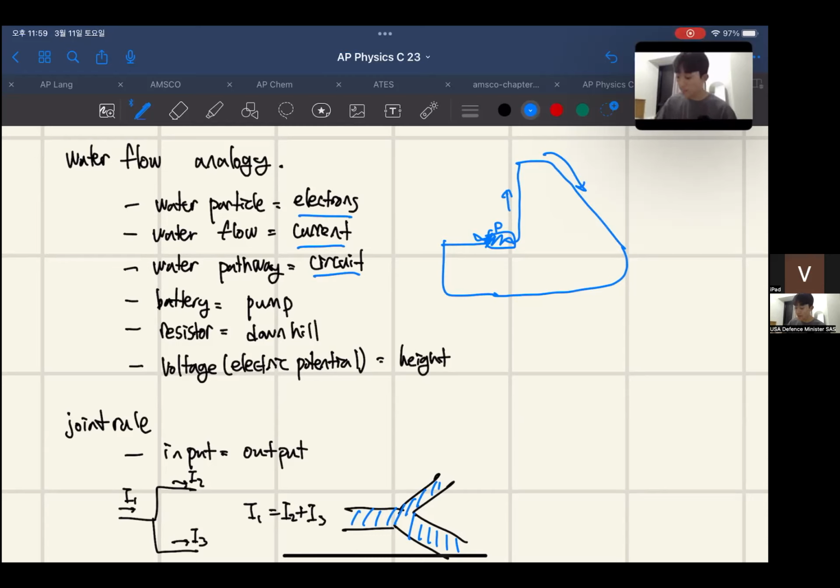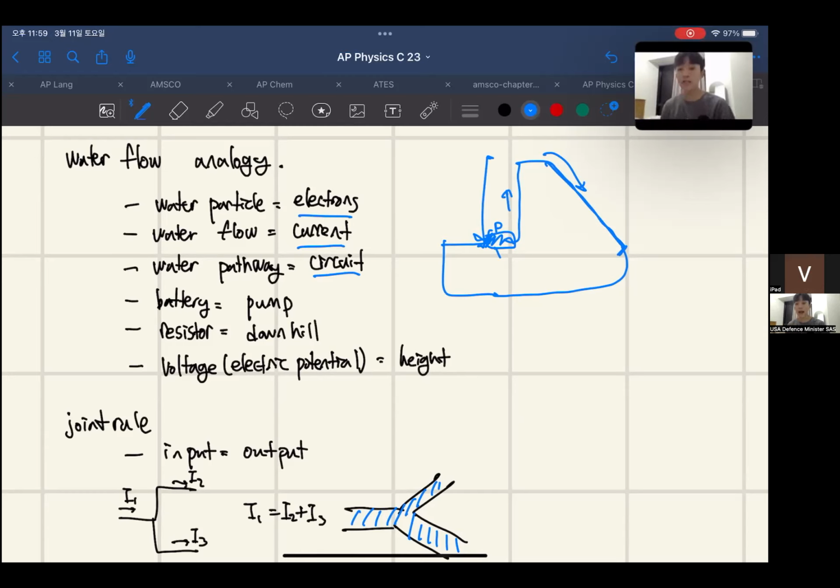The battery in electric circuits would mean the pump in this water pathway. The downhill over here in the water pathway would mean resistors in electric circuits. Finally, the height difference, or the height at each point of this water pathway, would mean voltage at each point of electric circuits.